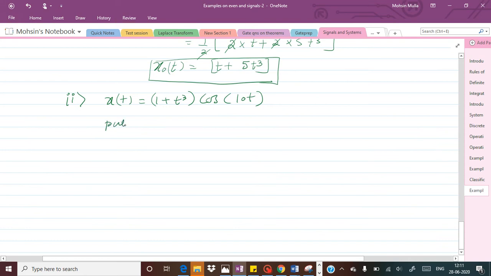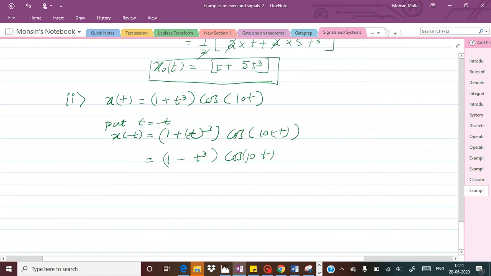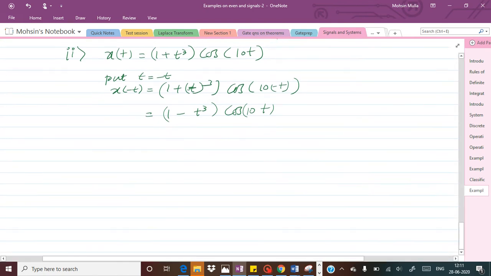So again put t equal to minus t, so we get x of minus t equal to 1 plus minus t cube times cos of 10 into minus t. So 1 minus t cube into cos of 10t. Okay, so this is what we get from this particular term.